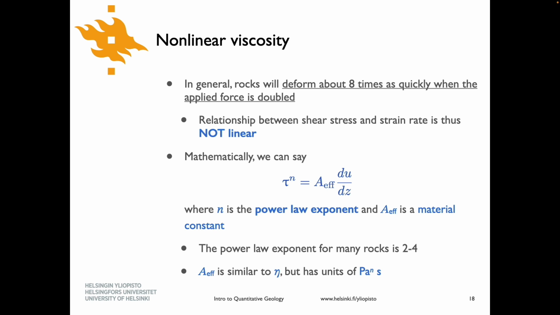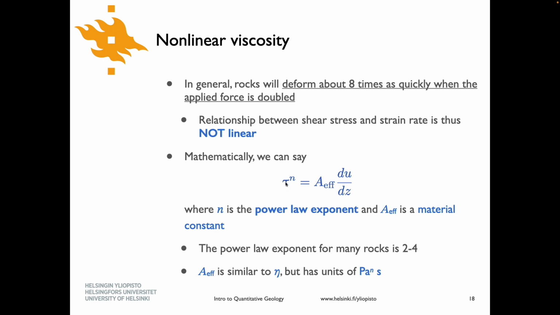The thing is that that's not the only reason that we have this nonlinear type of behavior when we deform rocks. One of the other things is that there is this power law dependence of the stress for most rock-like material when you deform it. So typically what you see is that when you double the force you apply to the rock, you get about 8 times the rate of deformation.